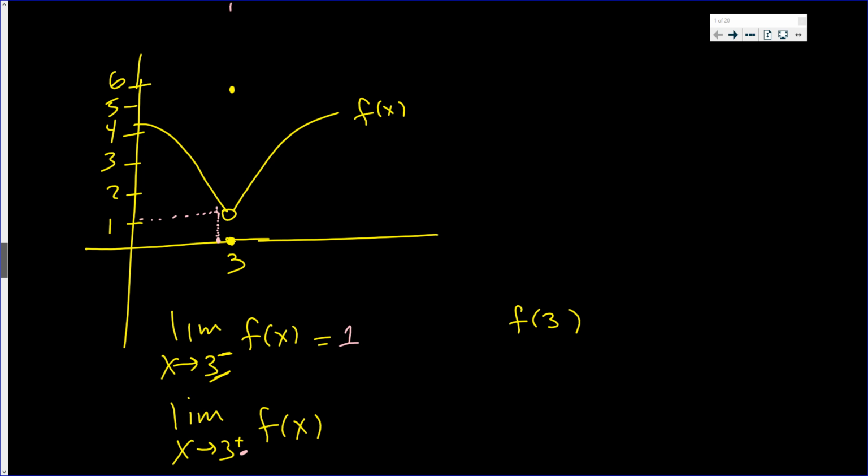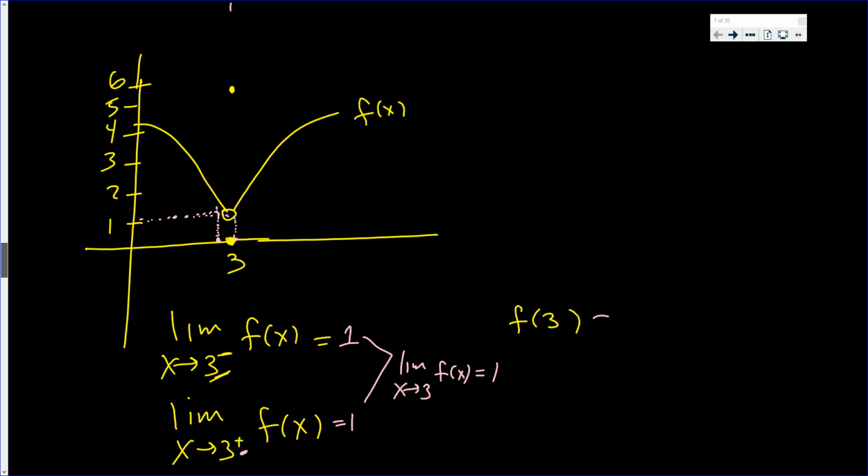Now a little bit more than 3, the y value really, really close is also 1. Since they're equal, the limit as x goes to 3 with no plus or minus of f of x is that common answer.